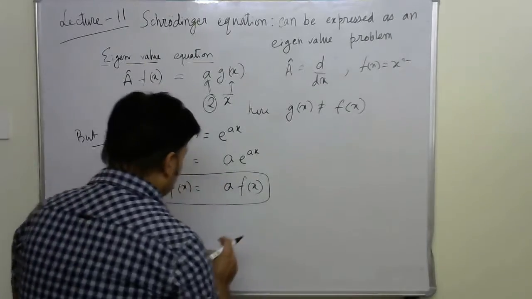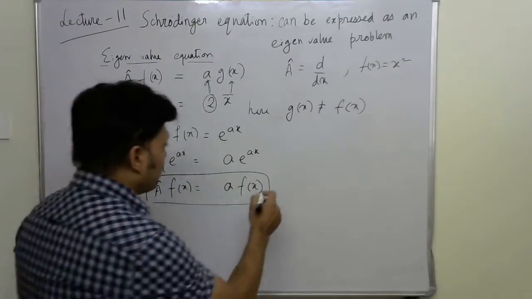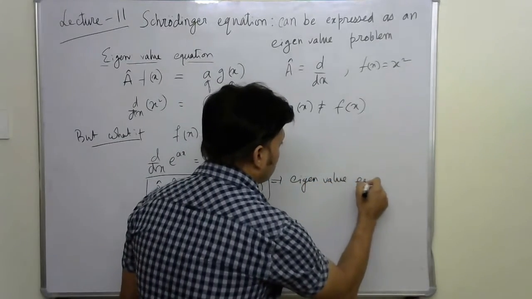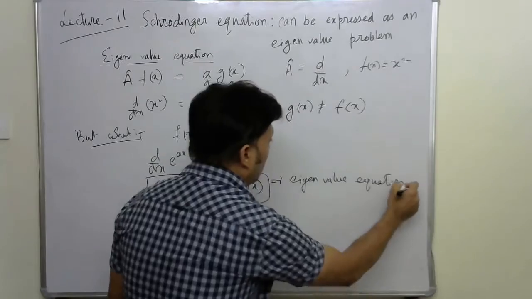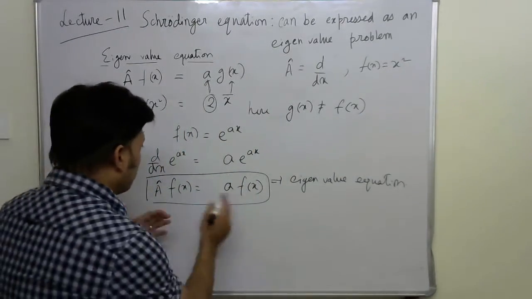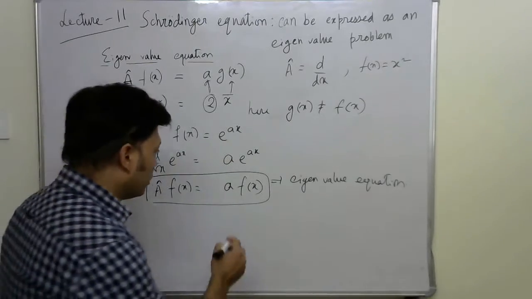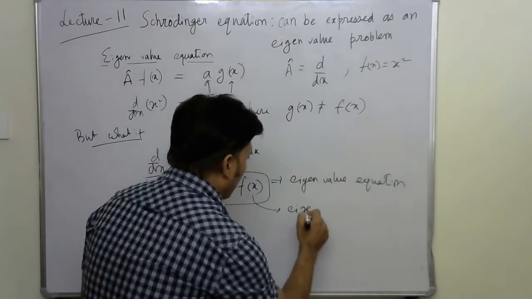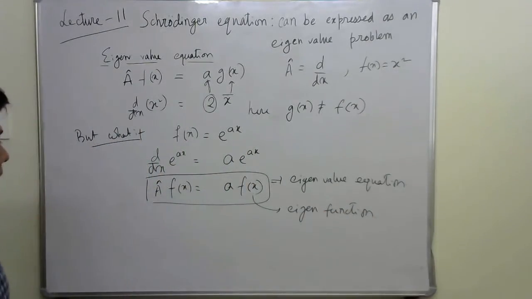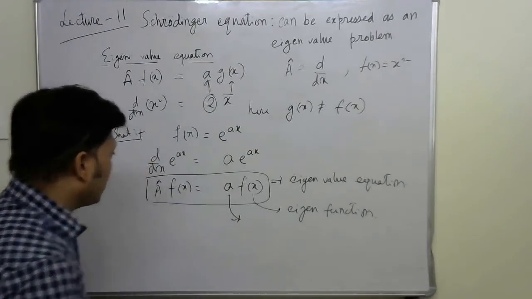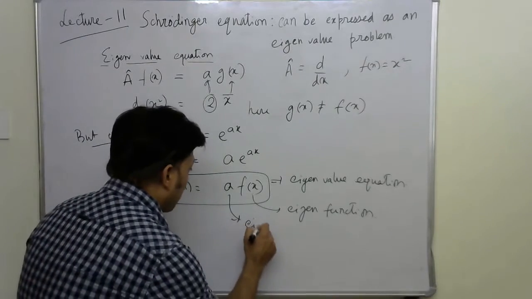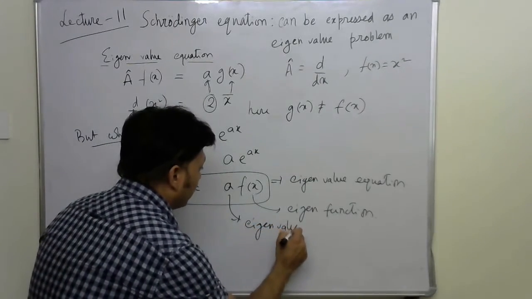Now in quantum mechanics, such type of equation is called an eigenvalue equation. This is the operator, and the function that fulfills this condition is called an eigenfunction. The constant that appears after you get back the function is called an eigenvalue.